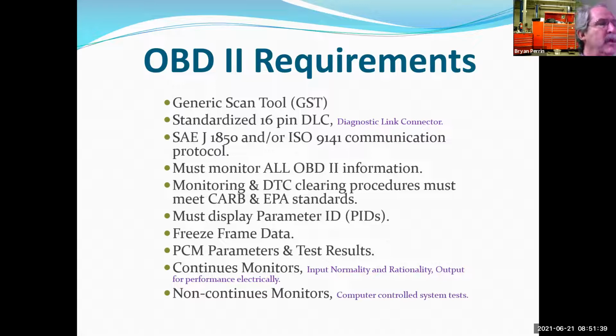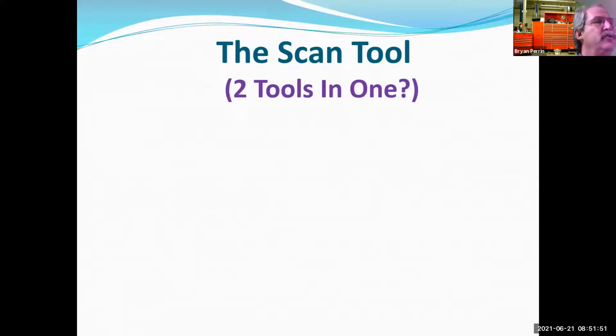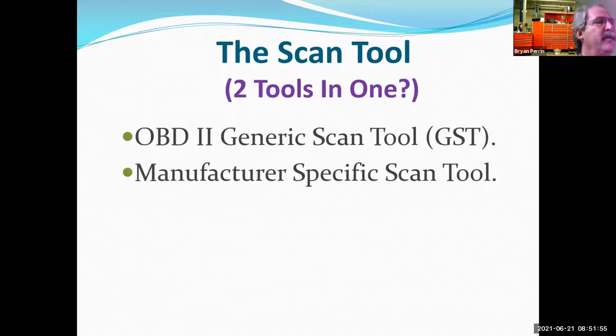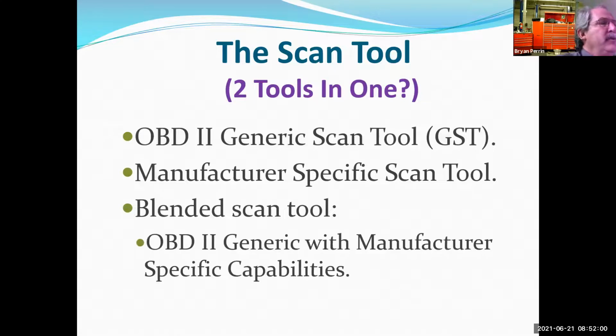Non-continuous monitors, these are computer controlled system tests. In other words, I'm going to turn something on and see if I get the correct reaction. So the scan two tools in one, we have a generic scan tool and a manufacturer specific scan tool to create a blended scan tool, which is an OBD II generic with manufacturer specific capabilities.